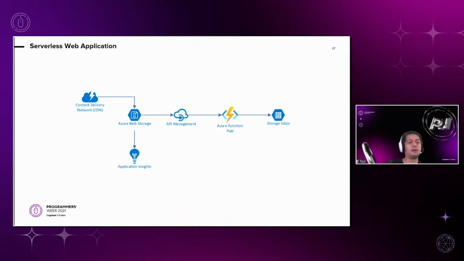Web application firewall is application gateway, in other terms, in Azure. You can bind it with the content delivery network here, or you can bind it in the API management service. So something to look forward to.